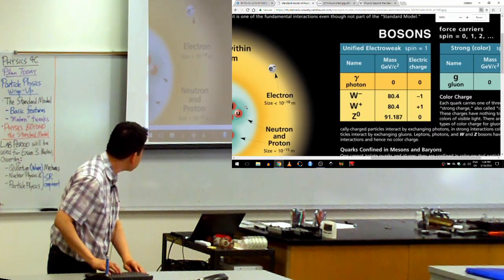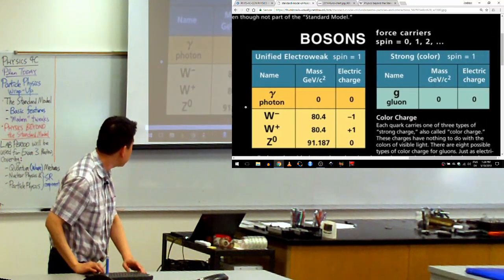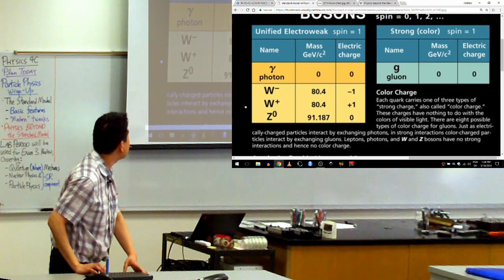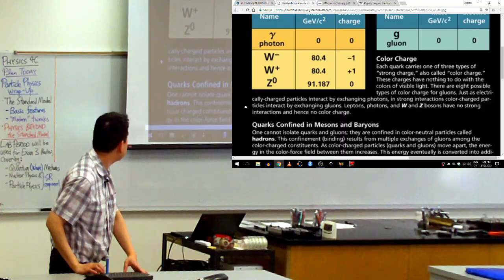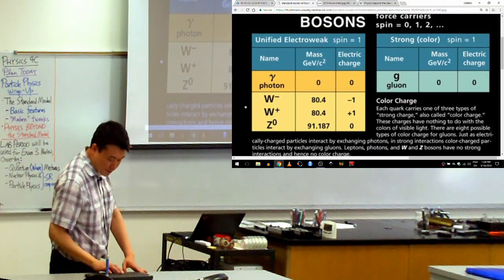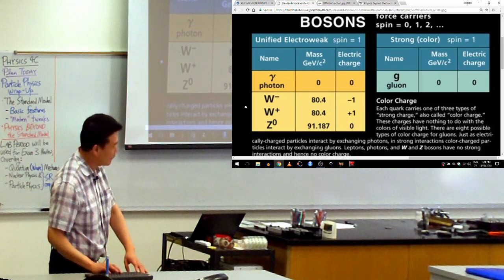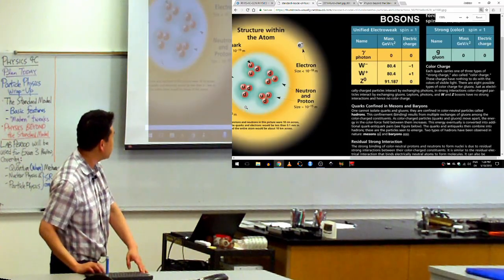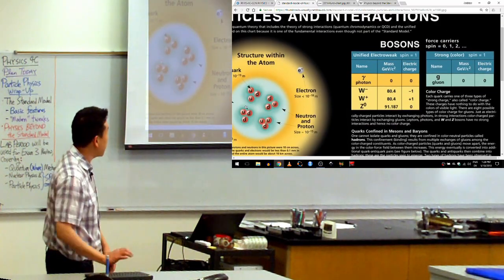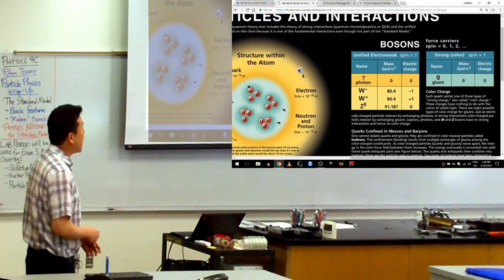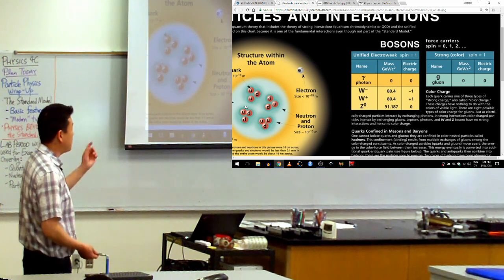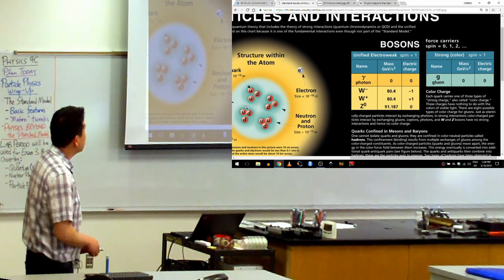There are supposed to be 8 different color charges. So for gluon they list only one, but if you go into particle physics theory, it is important how many different kinds of gluons there are, or how many different color charges there are.